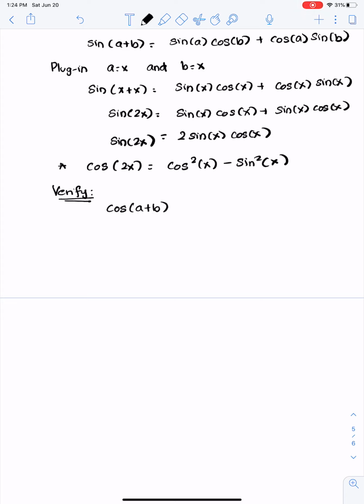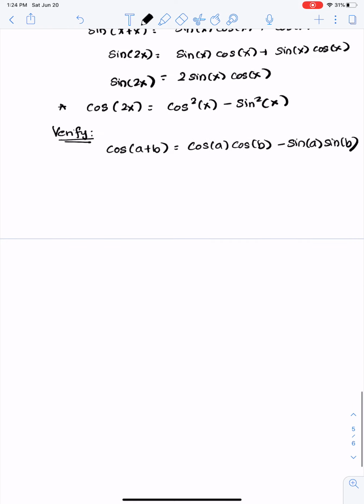We know from earlier cosine a plus b is cosine a cosine b minus sine a sine b. Plug in a equals x and b equals x.